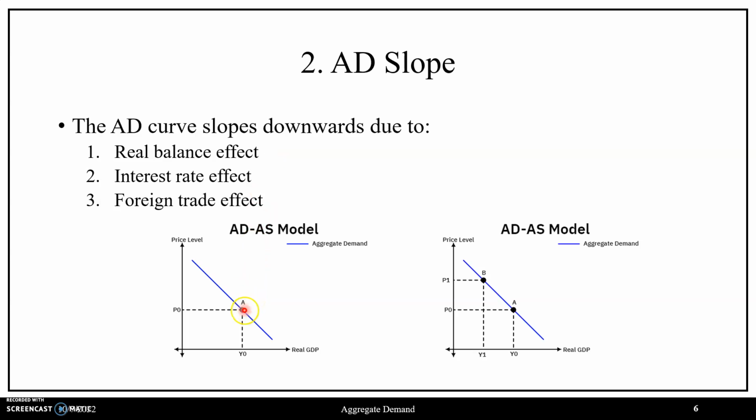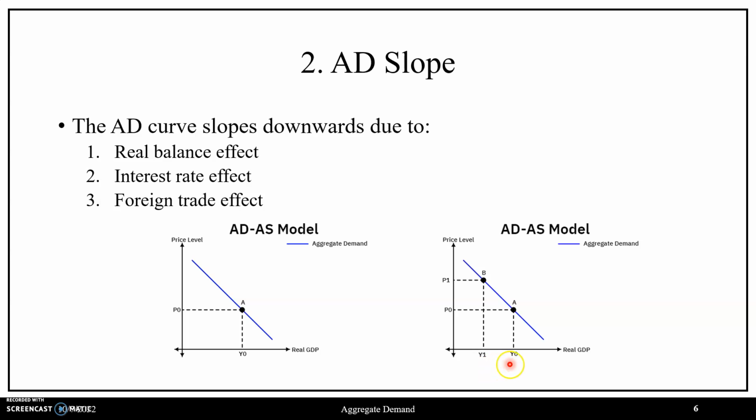Now, should the price level in the economy increase from P0 to P1, holding agent wealth fixed? Well, with the price level increasing, that means the ability to make purchases has decreased, where with demand corresponding to both ability and willingness, with ability decreasing, this then corresponds to a decrease in quantity demanded with respect to real GDP, in that agents can now afford to purchase less, given they have less of their resource in terms of real purchasing power.